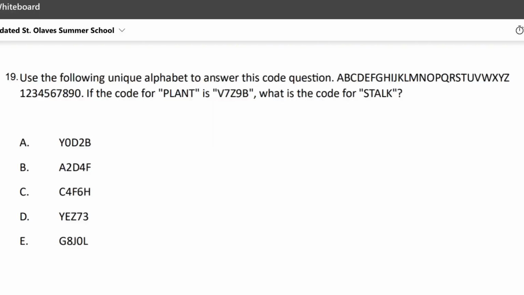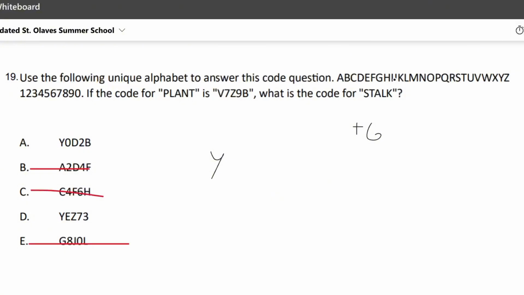For question 19, let's count our positions. We have P to V, 1, 2, 3, 4, 5, 6. We have to add 6, and that means we get S, 1, 2, 3, 4, 5, 6. We get Y, which means we can cross out this one, and this one. And then for the next one, T, L to 7 means we're going backwards.